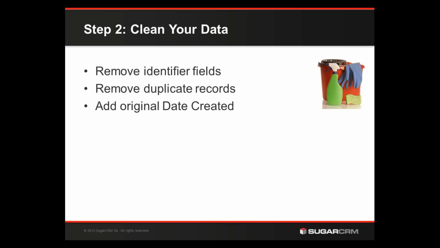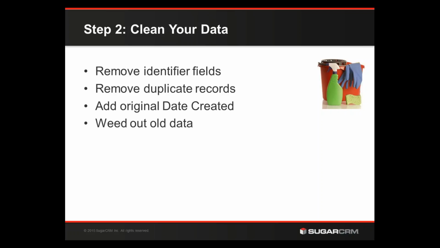But if you need to keep that original date created, you need to have that field separate from Sugar's date created field. I hope that makes sense, okay? So you need to add the field so that you can keep it if you want to. If that's important to what you do within maybe your sales cycle, you need to know how old that particular customer is or that particular contact or that opportunity.